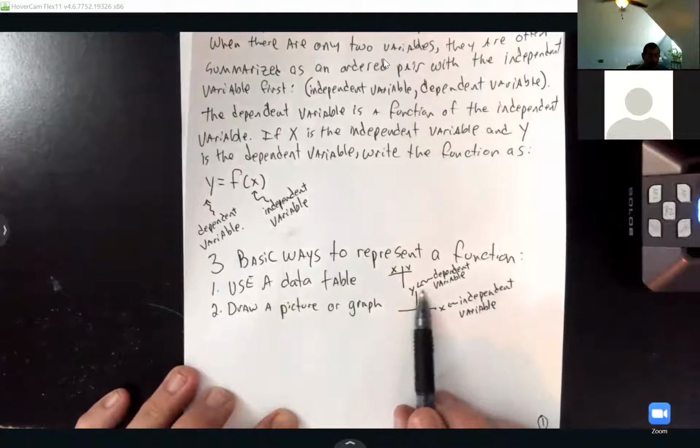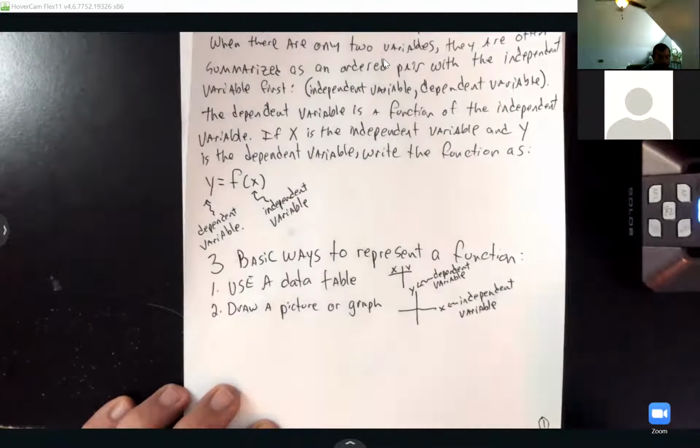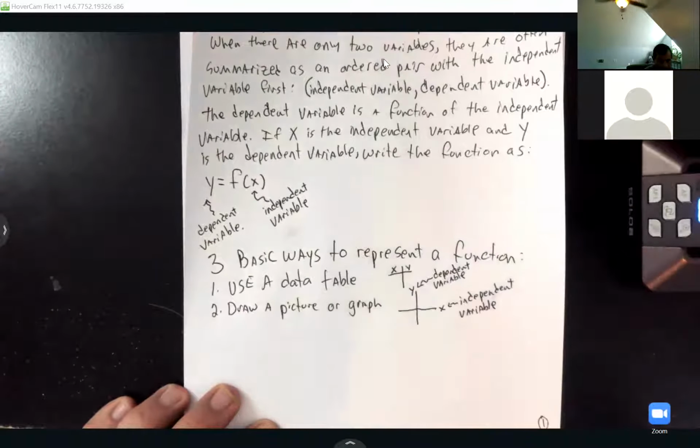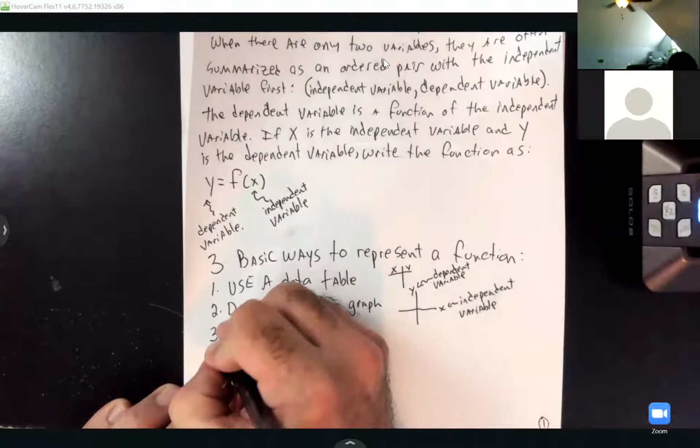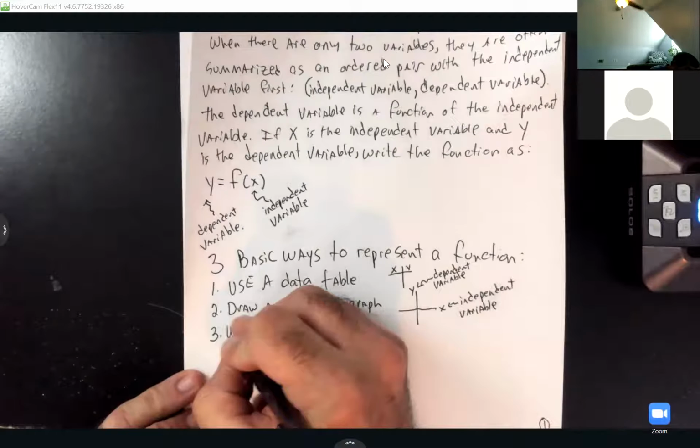So the amount of these y's depends on these x's, okay? And we're not going to draw lines or nothing. They just want you to see the basic ways that we can represent these functions. So then the third way is to write an equation or formula.